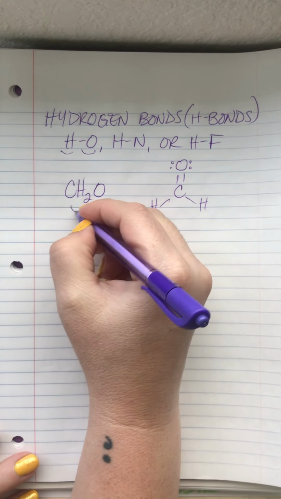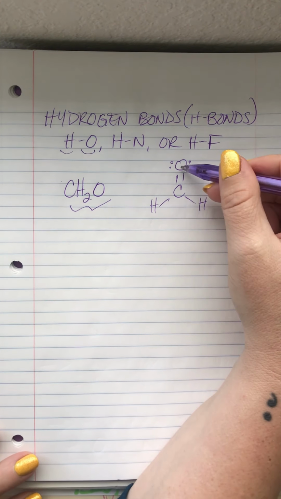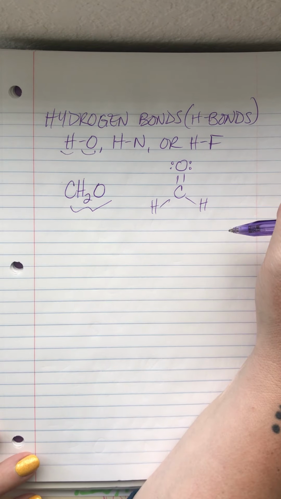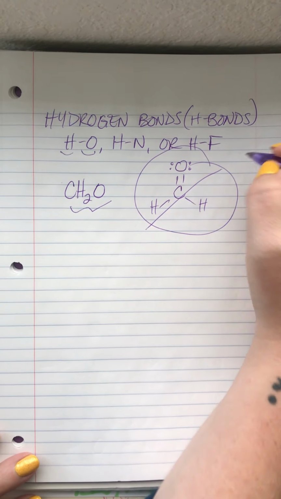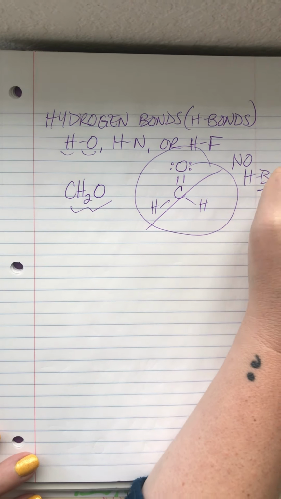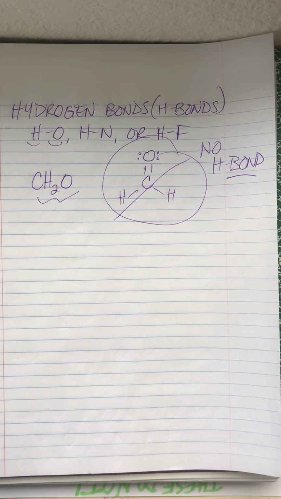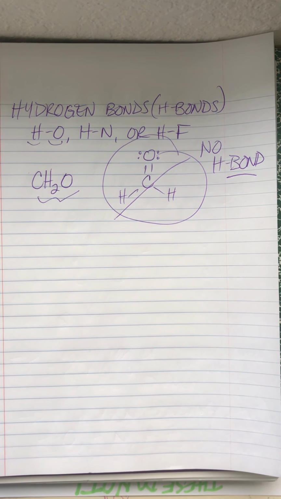So even though the molecule has hydrogen and oxygen, it doesn't have hydrogen bonded to oxygen, right? So no H bonding. Does that make sense, guys? Cool.